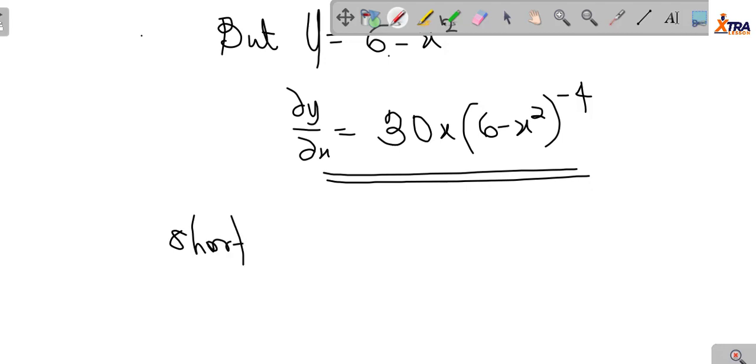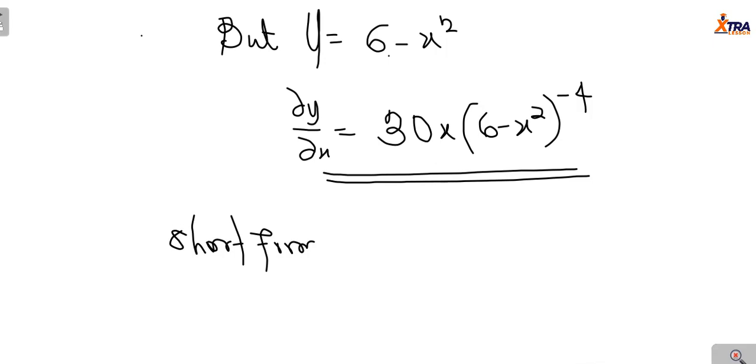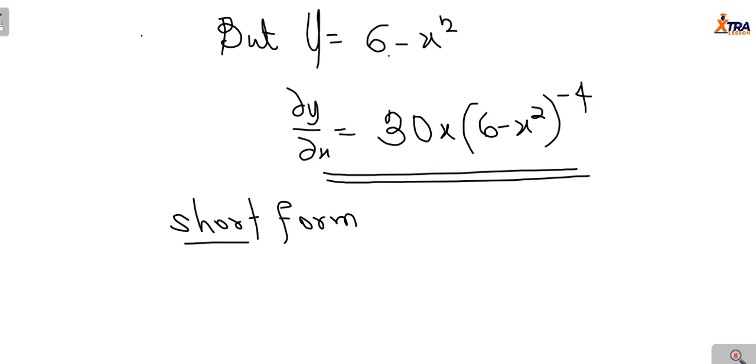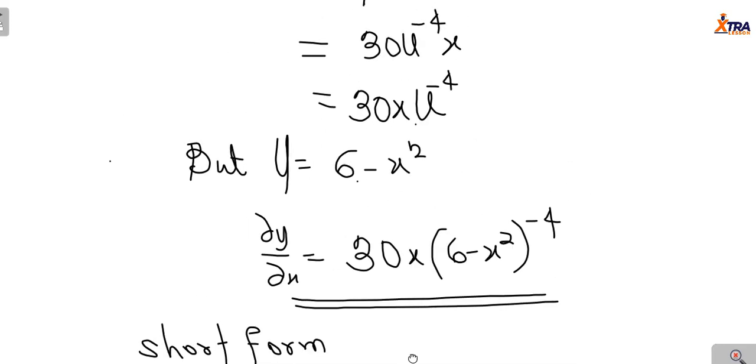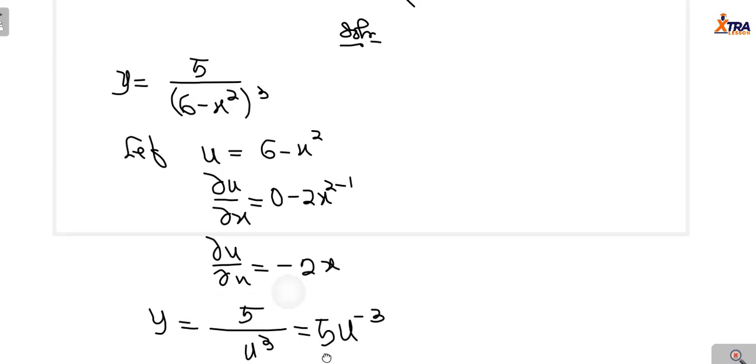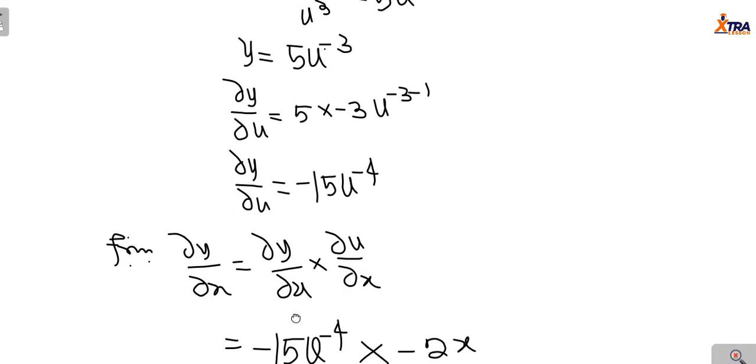So we have y equals 5 over (6 minus x squared) raised to the power of 3. Let me confirm that.